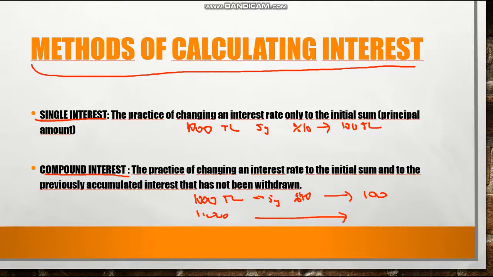Then you are going to take this 10%, which is 110. Then you are going to add it again, and it is going to be 1,210. You are going to take 10%, which is 121. Then you are going to add it, and so on until 5 years, or however many years you put. So this is called compound interest.